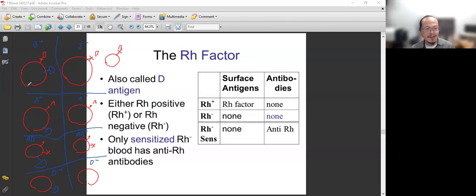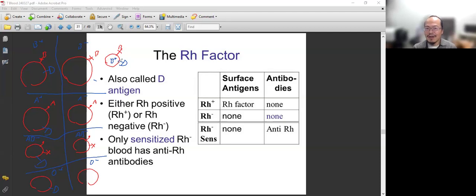They are not going to fight, but this friend carries something different. It has a D on it. So here's D. So this is a B plus. If you put a B plus into a B minus blood, because there is no anti-D antibody, there's no reaction.